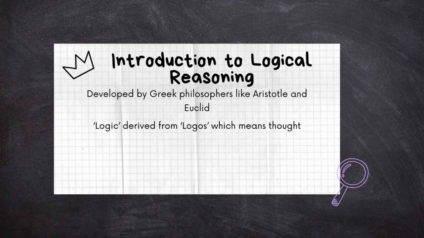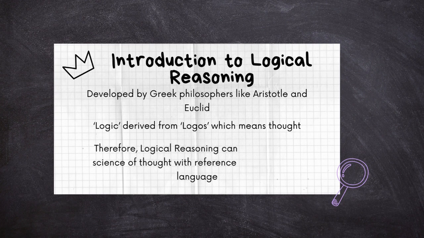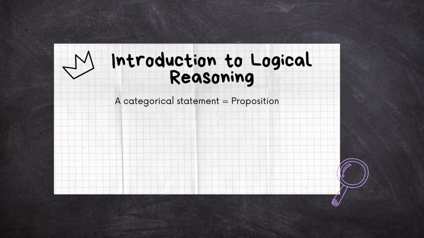So, where does the word logic come from? What does it mean? The word logic is derived from the Greek word logos, which means thought. Therefore, logical reasoning may be defined as the science of thought with reference to a particular language, which in our case is English.